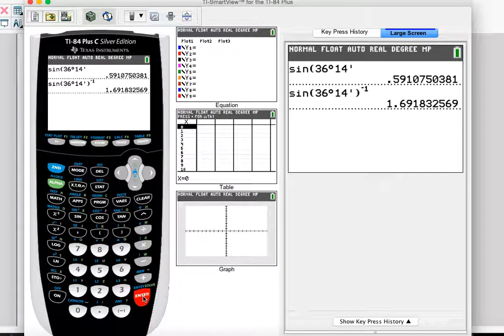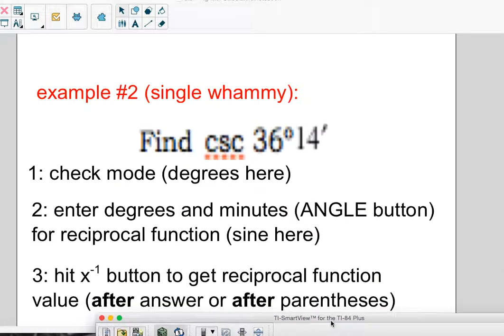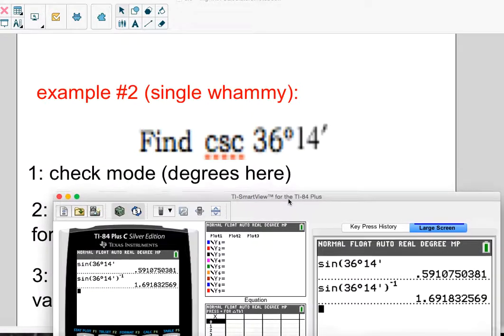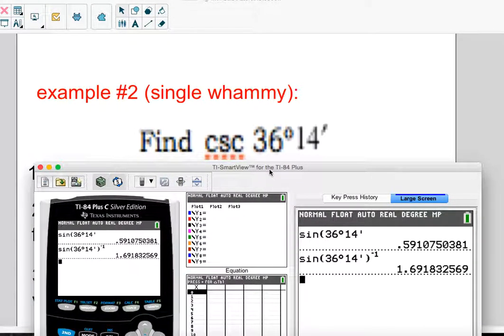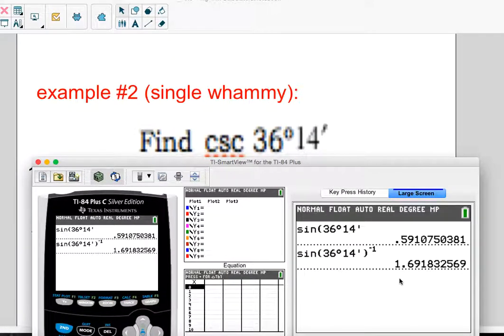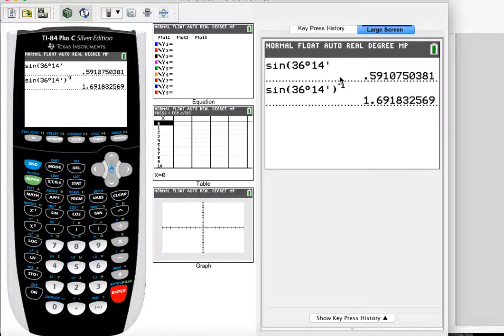And then I get a cosecant value. It's the radius over the opposite, and the radius has to be the biggest side in a right triangle, so your answer is bigger than 1, which it always should be. That makes total sense. So you have 1.6918, and that would be your final answer.